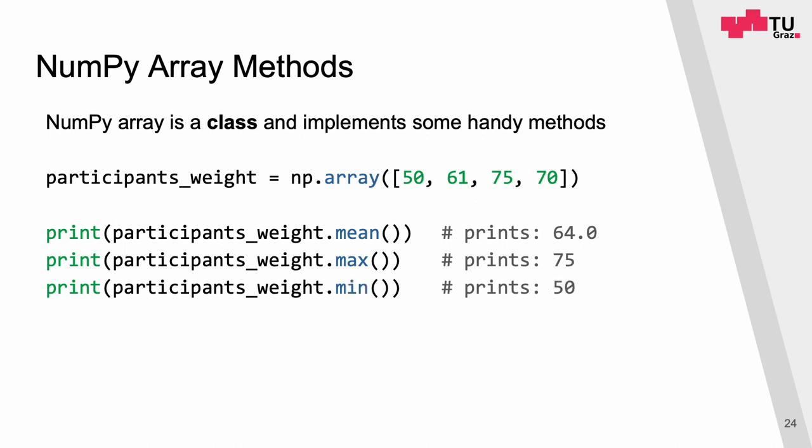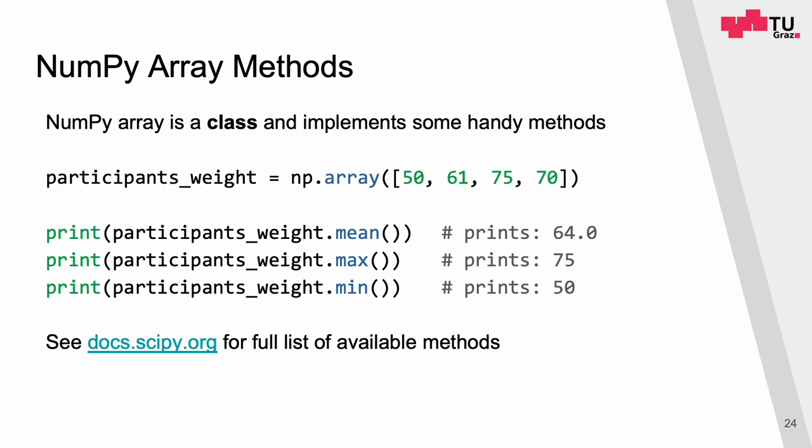And similarly, we can, for example, print out the minimum value inside the array using the min function. And again, please see the documentation for the full list of available methods in the NumPy array.